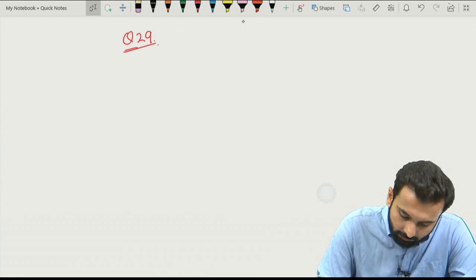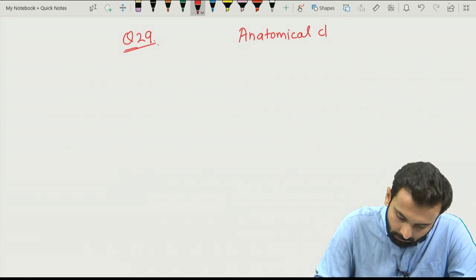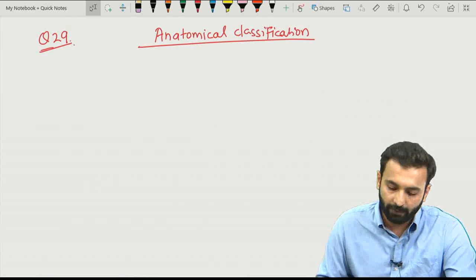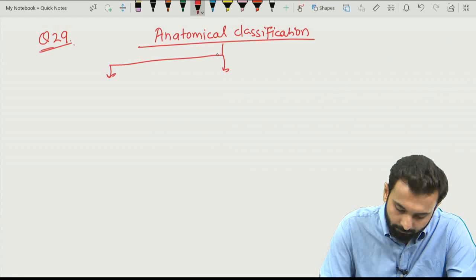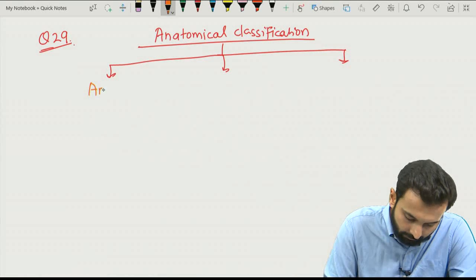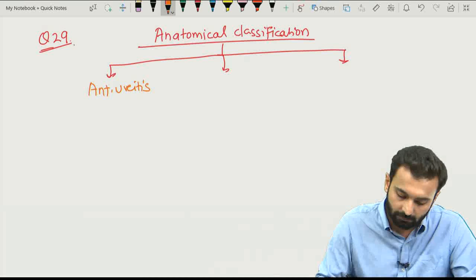So we should know about the anatomical classification of uveitis. According to anatomy, they are divided into three broad categories. First is anterior uveitis.